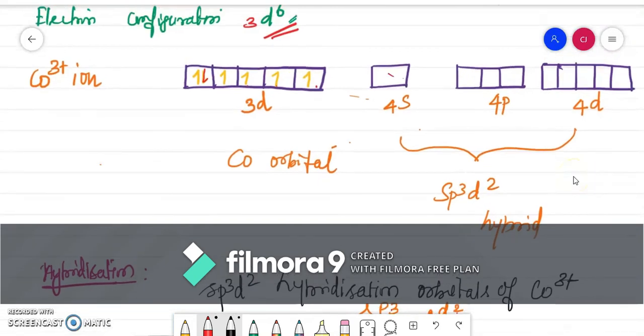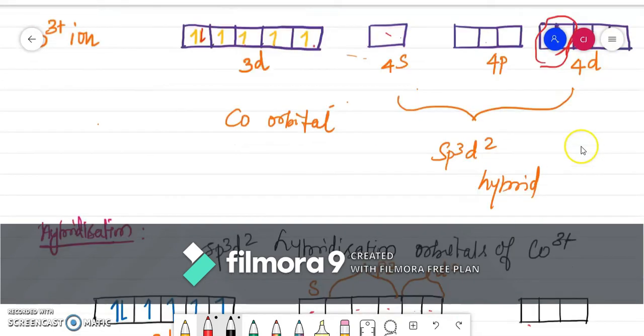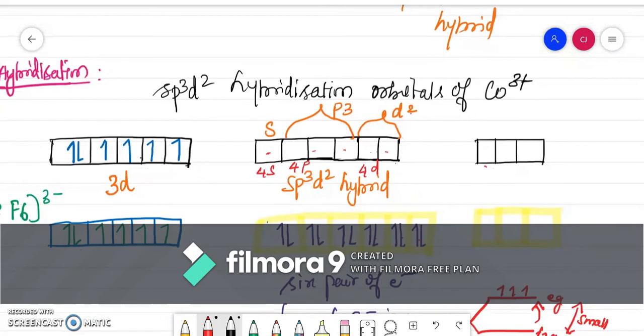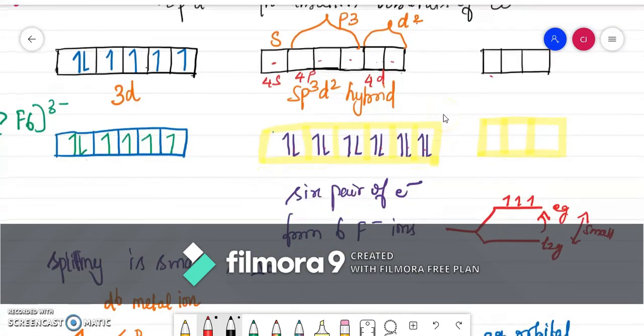So these are the orbitals of 4s, 4p and 4d. So the outer orbitals, the 2 d orbitals, are involved in the hybridization, so that we got 2 electrons donated to each orbital, so that 1 2 3 4 5 6, so we got 12 electrons filled in the 6 orbitals. So 6 pairs of electrons come from the 6 F minus ions.